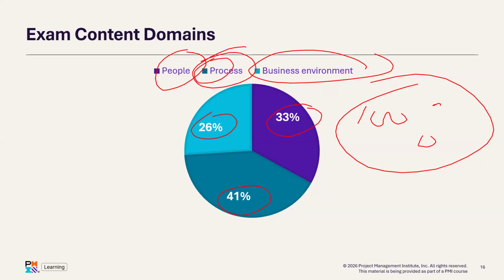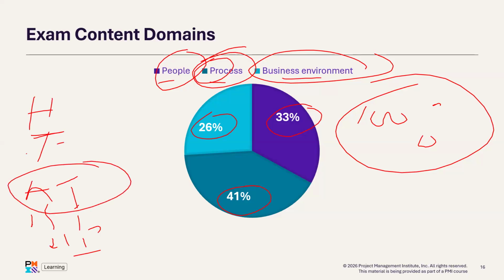Now, at the end of the day, you will see your performance in all these domains, and it is graded as targets, above targets, below targets, need improvements. Above target means that your knowledge is above the average knowledge of the exam takers.